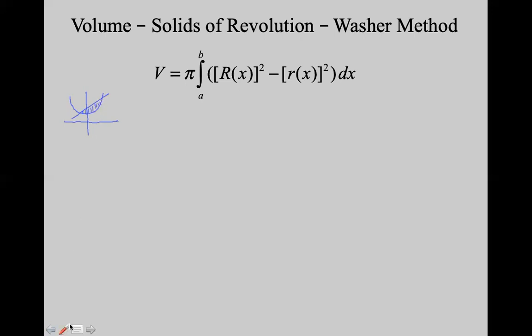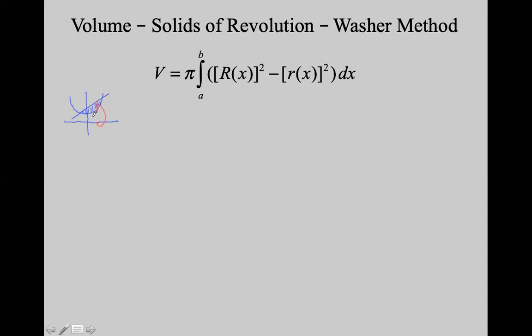I'll switch colors here again for a second. So I want to take this representative rectangle and rotate it all the way around the x-axis. If you notice, unlike the previous examples when we had the disk method, there's no gap between the side of your region and the axis of revolution. What the washer method does is there's a gap here. It creates a hole in here.